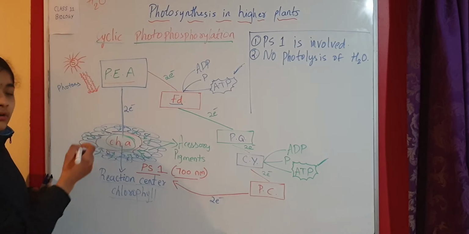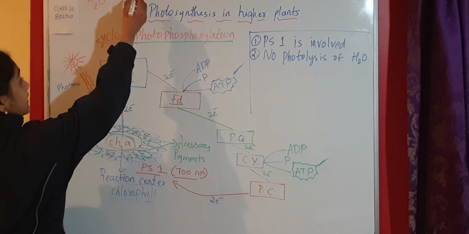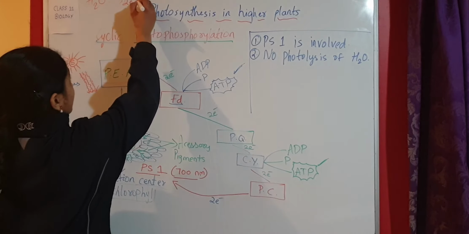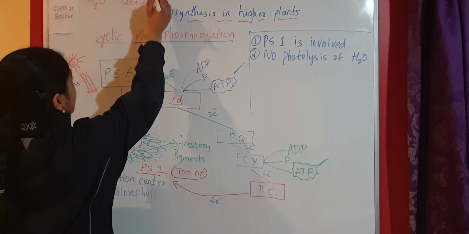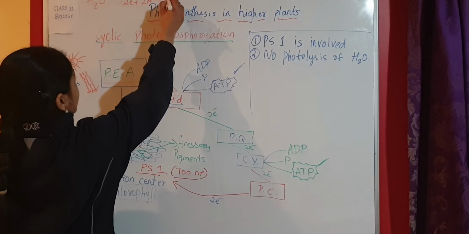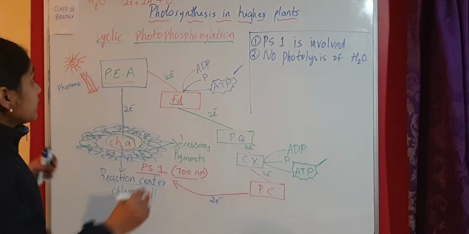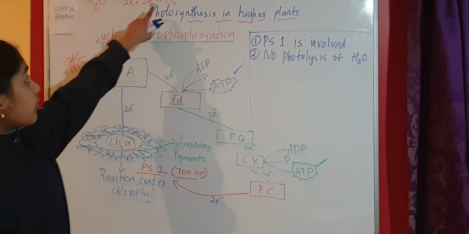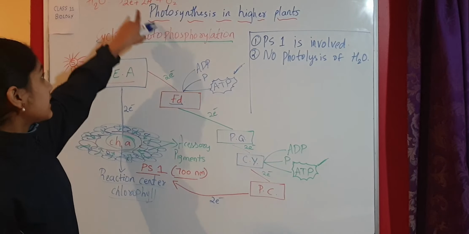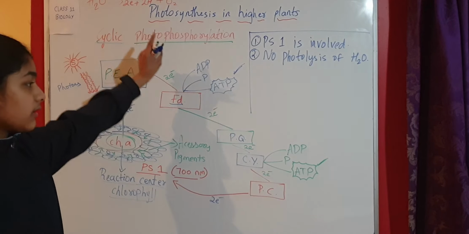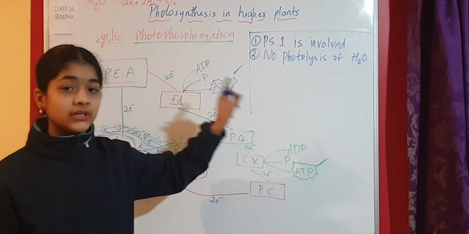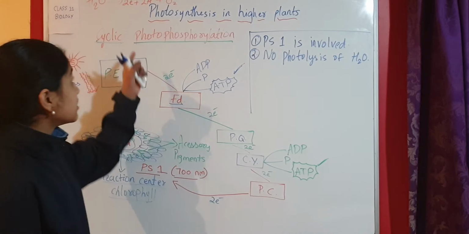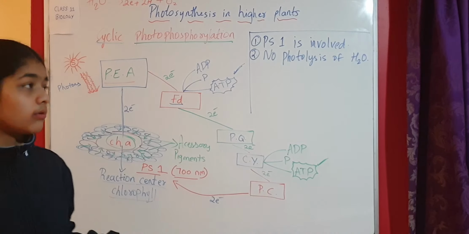H2O, which is water, gets split into a pair of electrons, a pair of protons, and an oxygen molecule. This pair of electrons goes back here, and oxygen is a byproduct, and the pair of protons go to NADPH in non-cyclic photophosphorylation. Here there is no such reaction taking place. There is no photolysis of water.